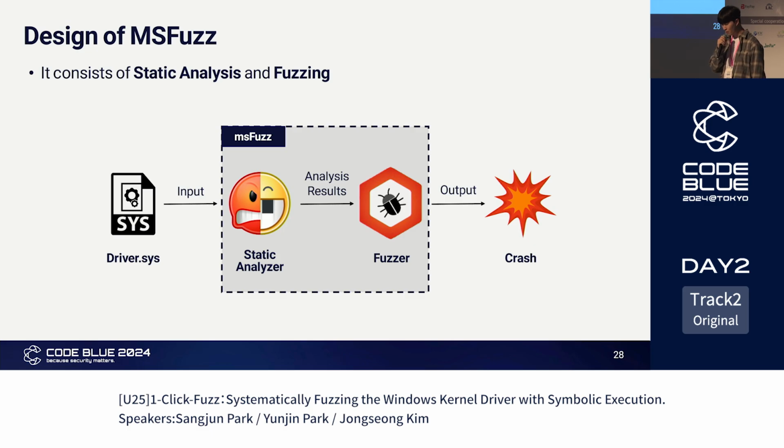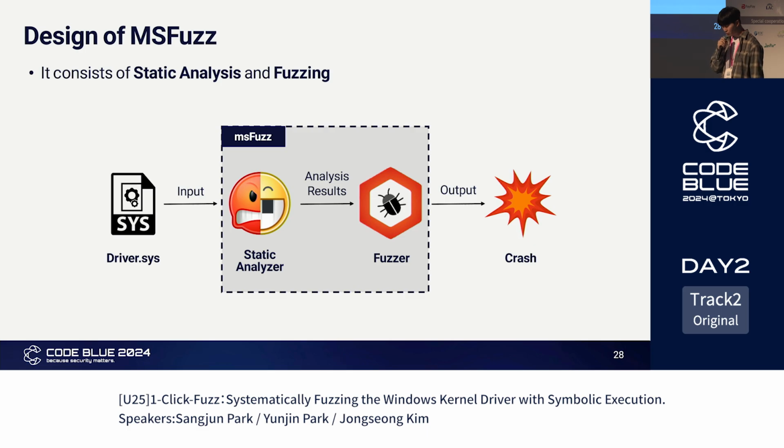First of all, our main goal is to create a fully automated fuzzing framework for Windows kernel drivers. Identifying vulnerabilities in Windows kernel drivers requires an extensive amount of manual work. Also, there are not enough fully automated and easy to use fuzzing frameworks for Windows kernel drivers.